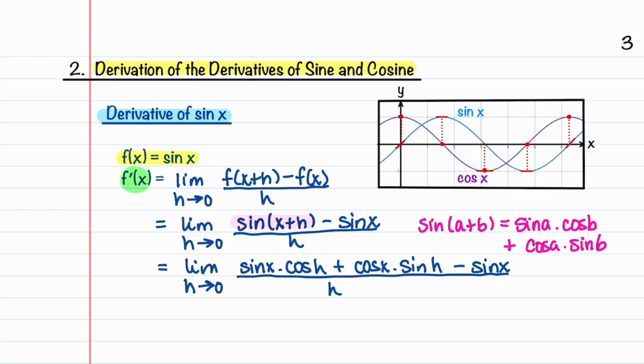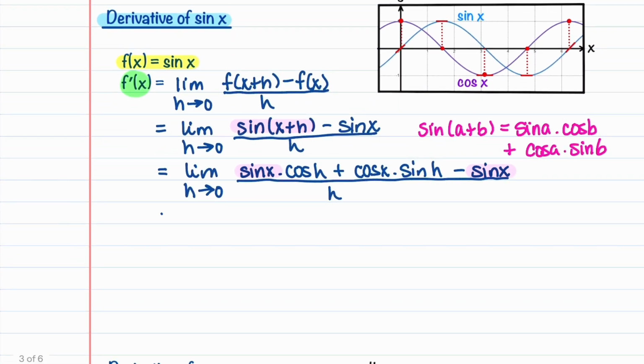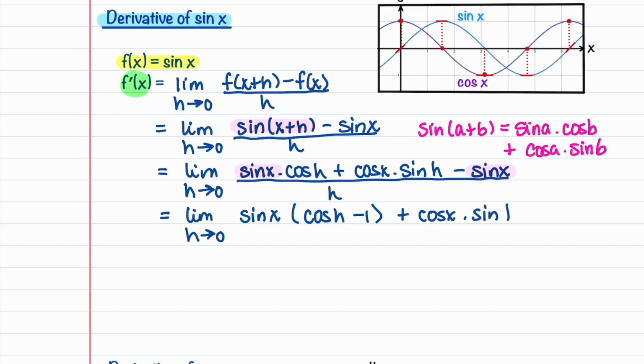Let's now look at our numerator and see how we can simplify it. Notice that we have a sine x here and a sine x here. Let's go ahead and combine those two terms. This is the limit as h goes to 0, we have sine x, and we're left with cosine h minus 1 plus cosine x sine h, all divided by h.